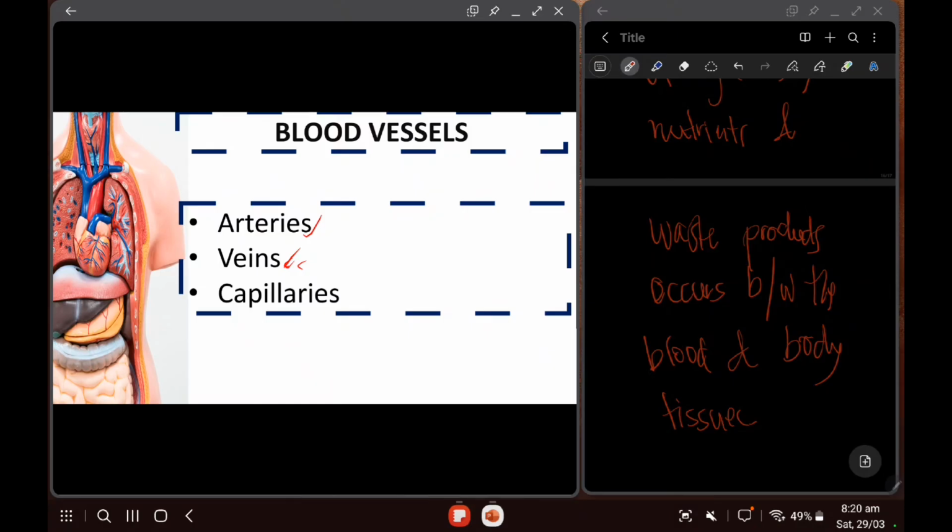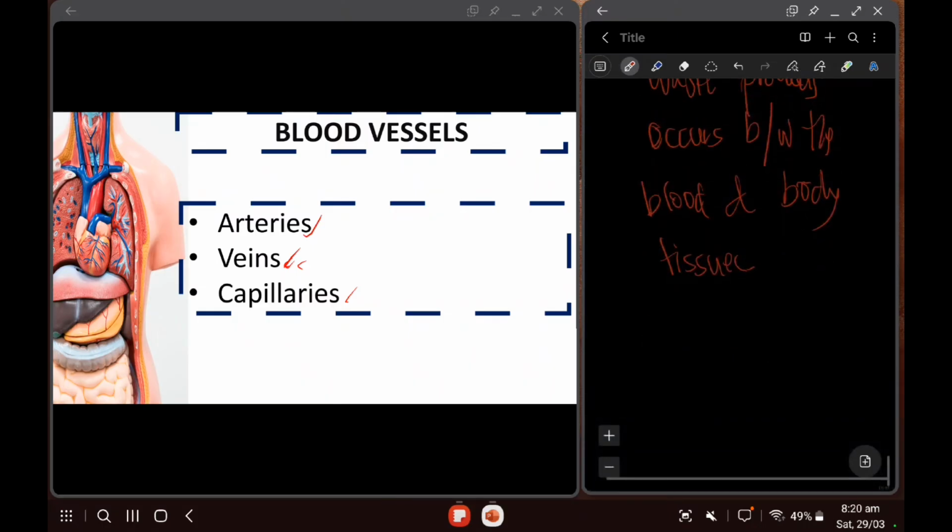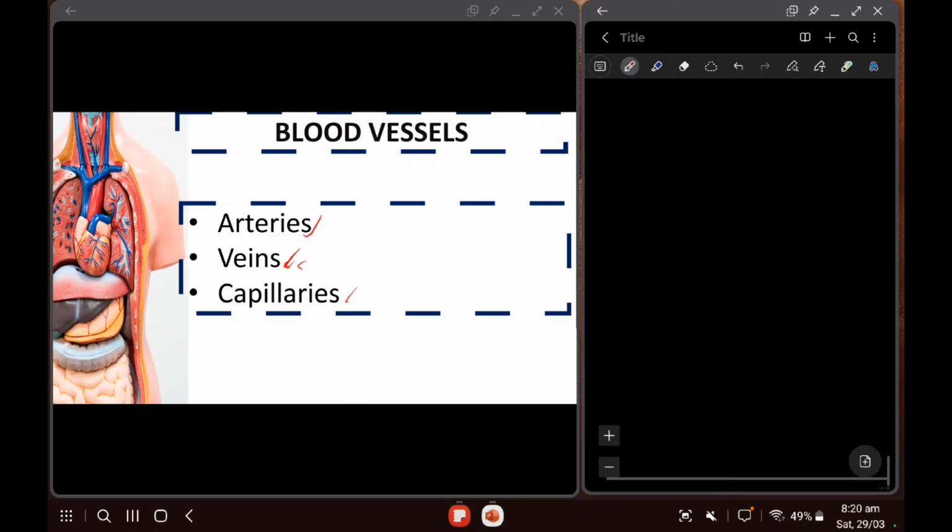Yung valves na yun is nagpre-prevent ng backward flow of the blood. And lastly, capillaries, maliliit or tiny blood vessels lang siya, pero nagkikarry sila ng gases, nutrients, and mga waste product occurs in between the blood and body tissues. Maninipis lang din yung wall nila. Why it helps? Kasi it helps to efficient diffusion. So, ayan yung blood vessels natin.